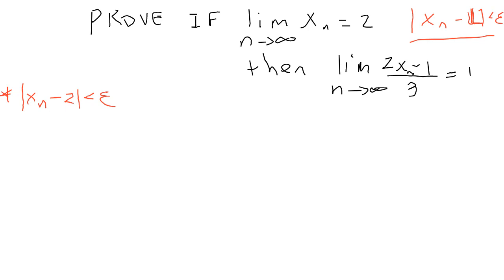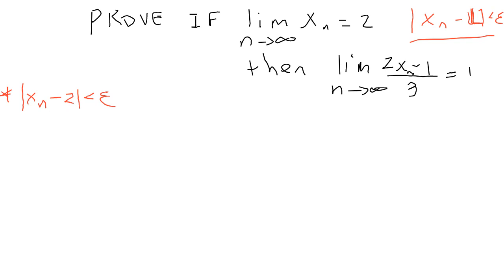So we're now going to use that to find a particular m to match our epsilon for the thing that we want to prove. We're going to prove that if that is the case, as we have assumed right here, then the limit of 2 x sub n minus 1 over 3 is equal to 1. So we need to find a particular m that satisfies that.